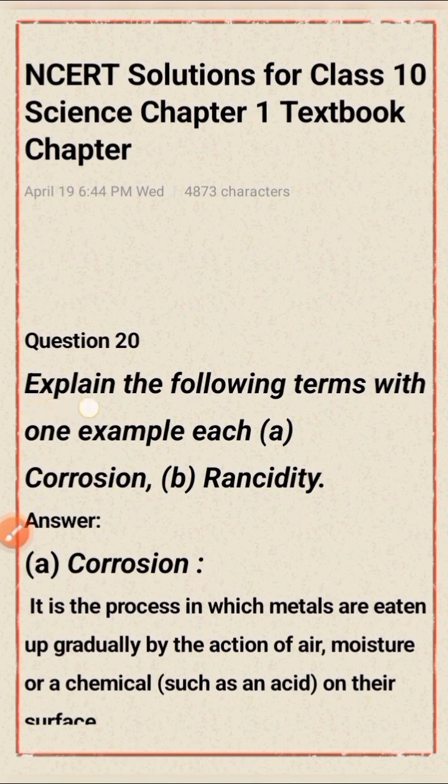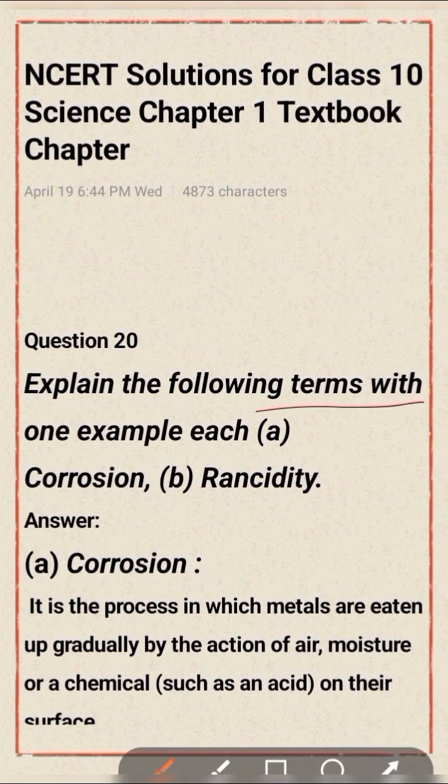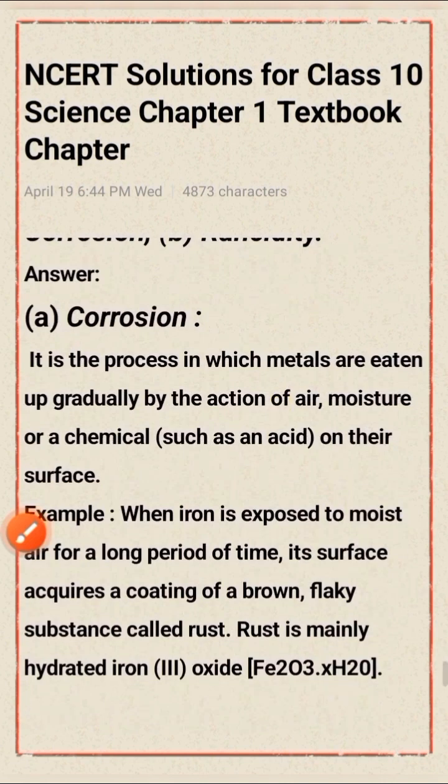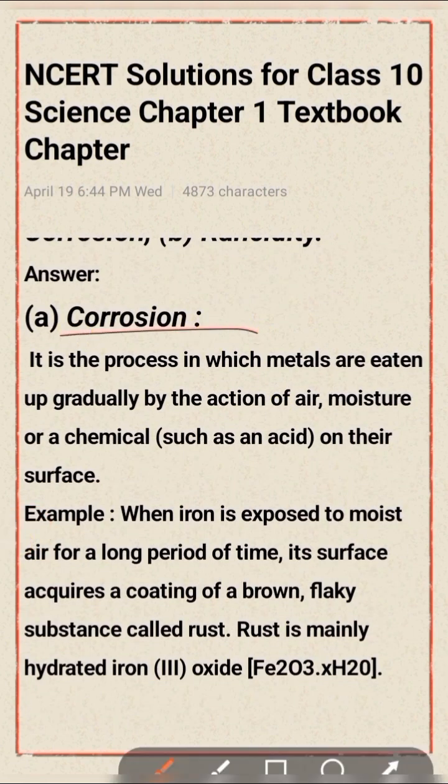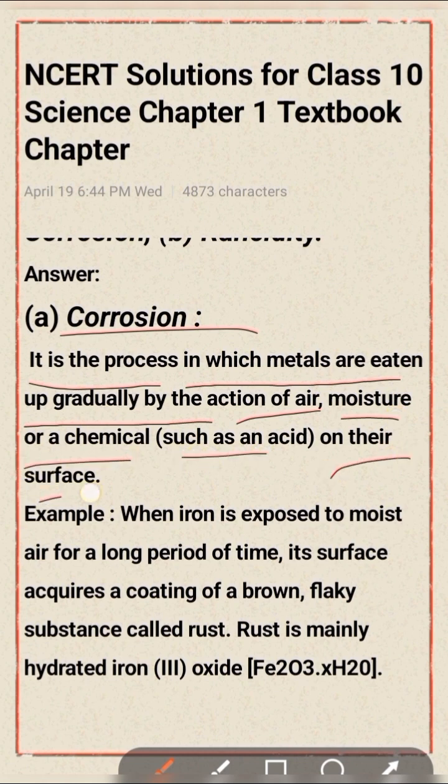Explain the following terms with an example: corrosion and rancidity. It is very important. Okay. I now discuss corrosion. It is the process in which metals are eaten up gradually by the action of air, moisture, or chemicals such as an acid on their surface.